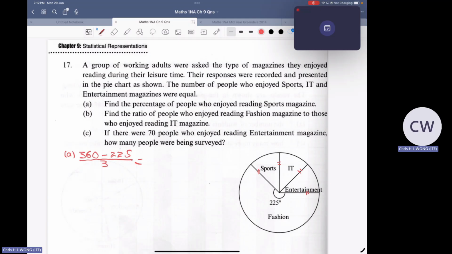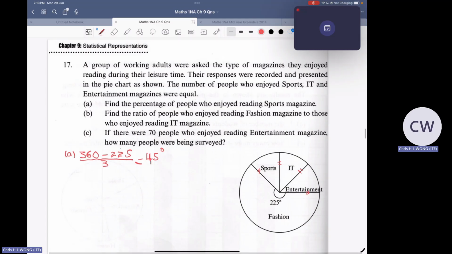That gives me 45 degree, my mistake earlier. So everyone is 45. So I'll put 45 here. Everyone is 45, so putting one will do.